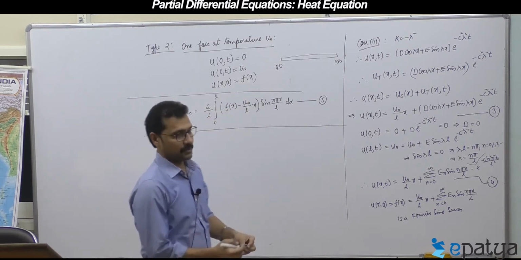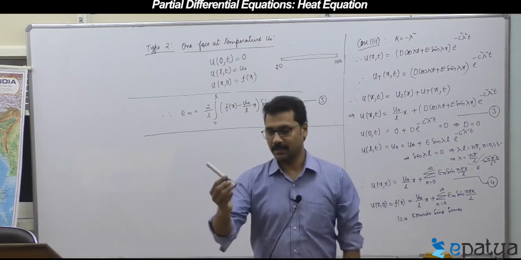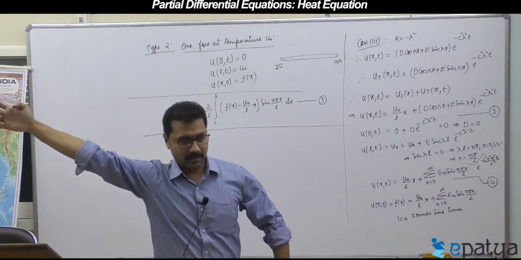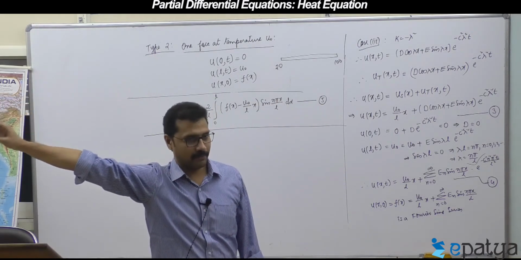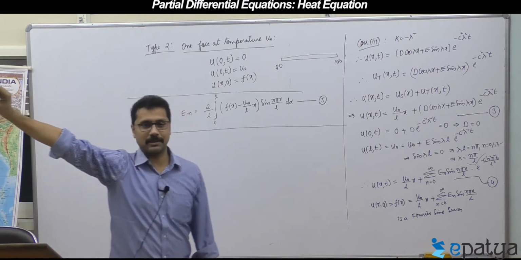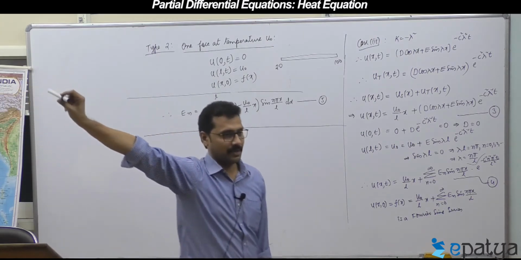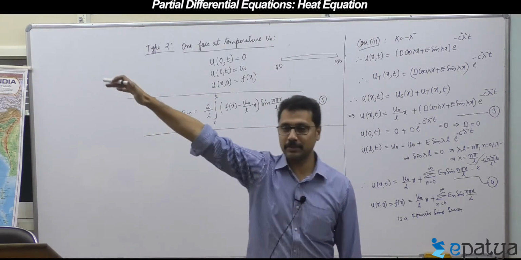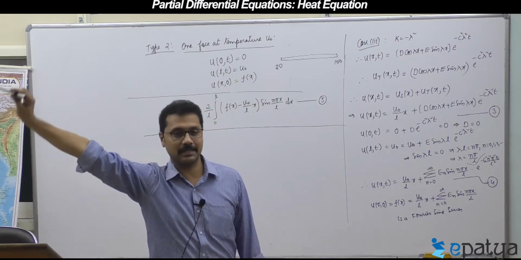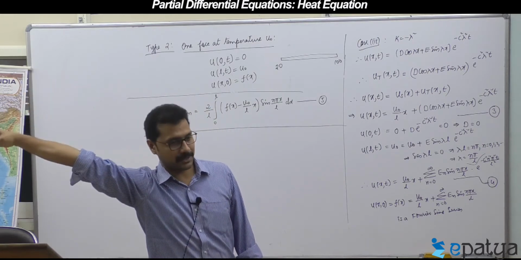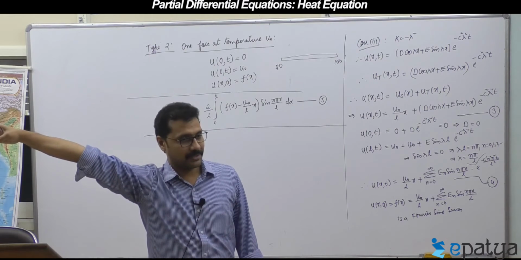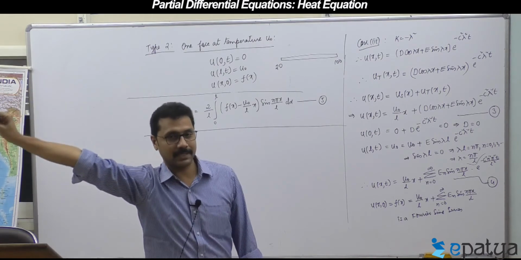What they do is, they take a rod outside somewhere. It already has some temperature distribution. What kind of temperature distribution for that rod? A steady state distribution already exists in it. What is that steady state?